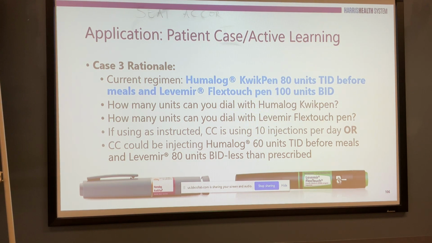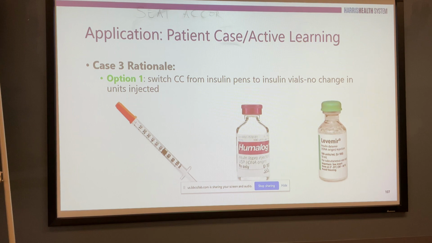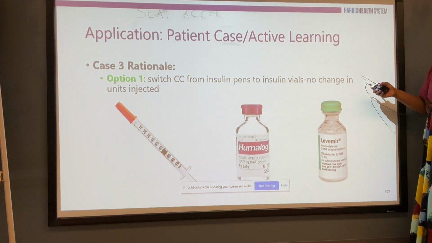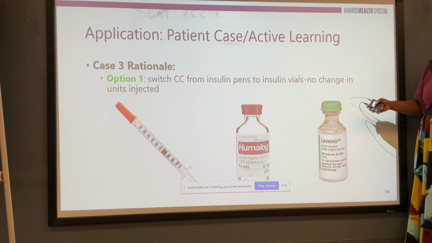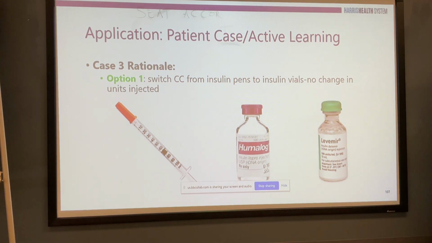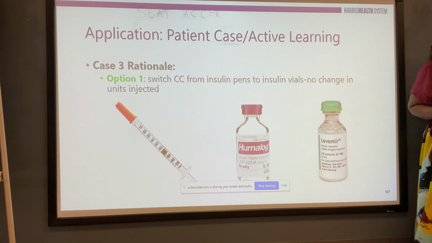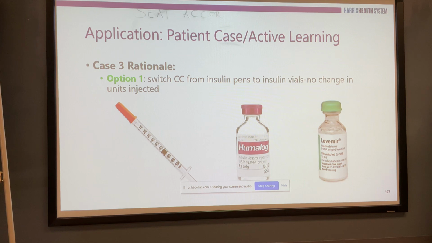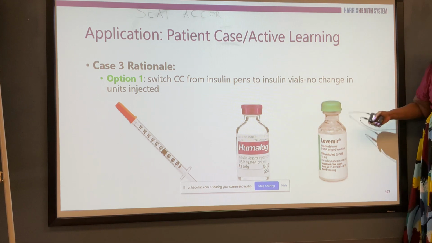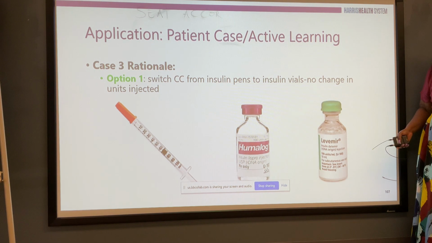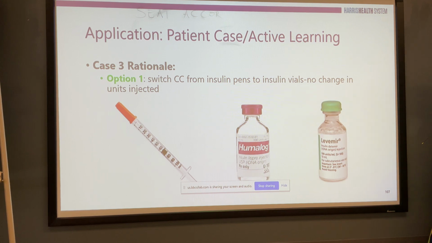So the simplest idea would be to just take them off the pen and go vial. So I showed you a U100 syringe where you can pull up to 100 units. Right? So you don't have to poke all that. So that's simple, that's an easy fix. Take them off the pen, put them on the vial. That could help with non-adherence.